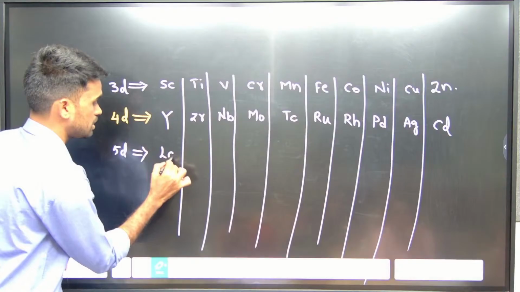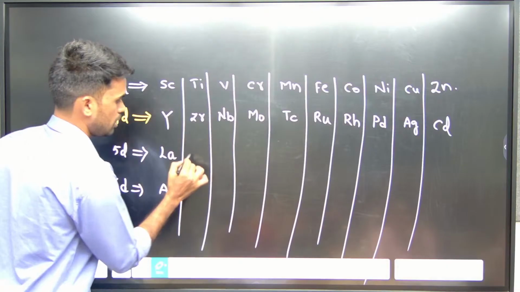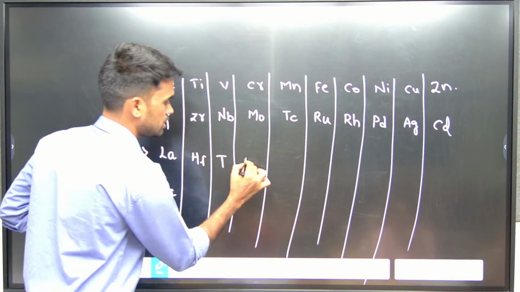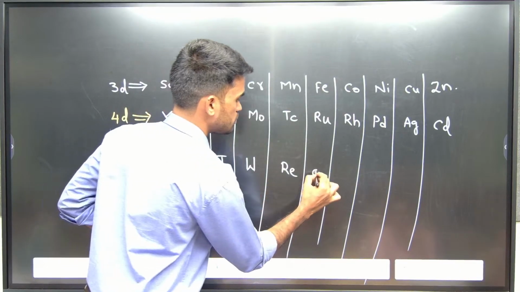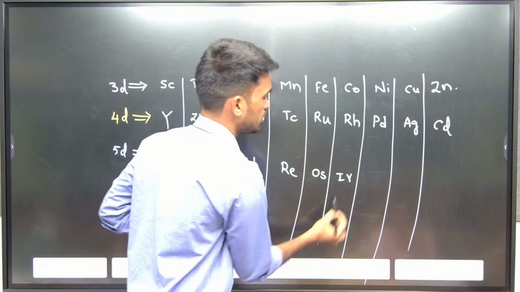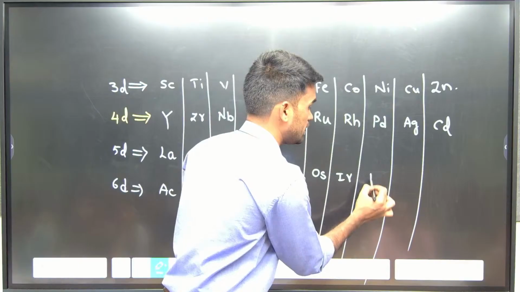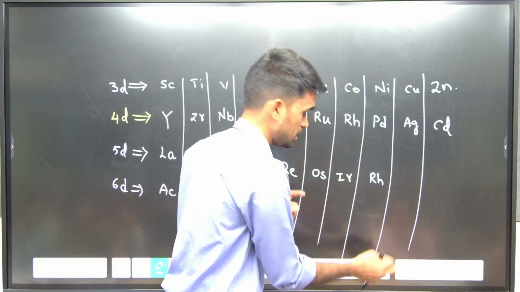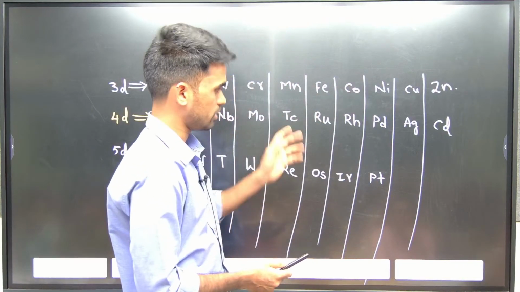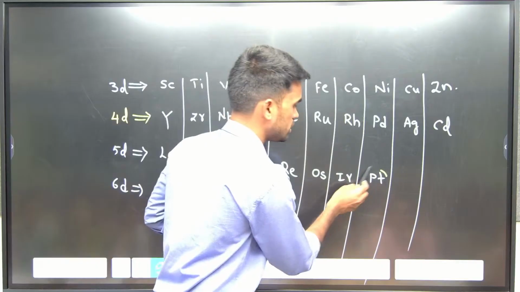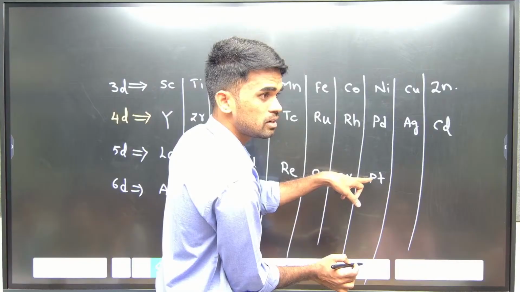Here it is lanthanum, then tell me, hafnium, tantalum, tungsten, rhenium, osmium, iridium. In the last class, by mistake I wrote rhodium here, but actually it should be platinum. Yesterday after the class I saw it. So this is a mistake we wrote mistakenly. So here it is rhodium, here it is platinum.